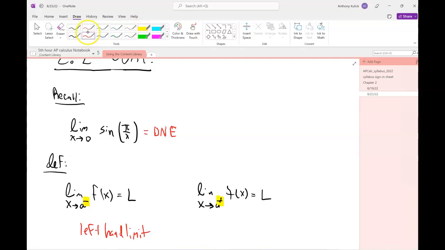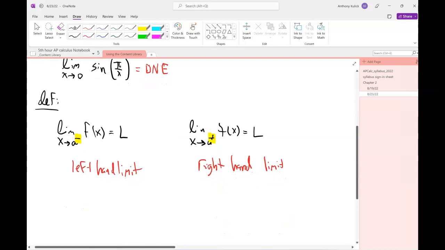And we'll use that little plus sign in the exponent to designate the right-hand limit. Everybody's okay with that notation?